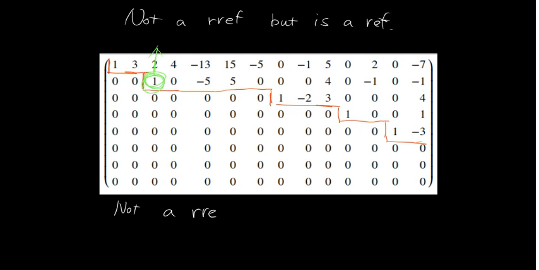It is a row echelon form, but it is just not yet reduced to the simplest form. The reason is that it is not zero above. It's okay to solve the equation like this, but sometimes you really want it to be a bit simpler. It's not a requirement, but if you want it to be the simplest, then you will kill this one also.